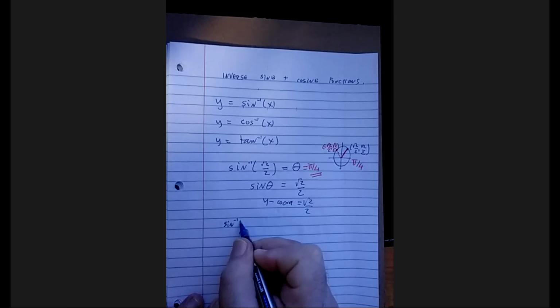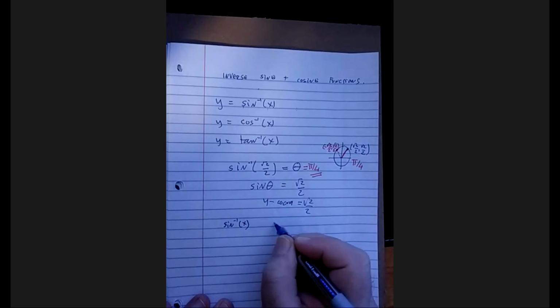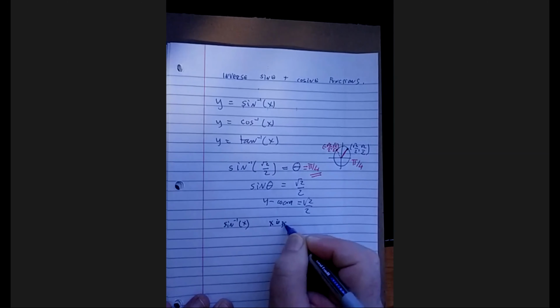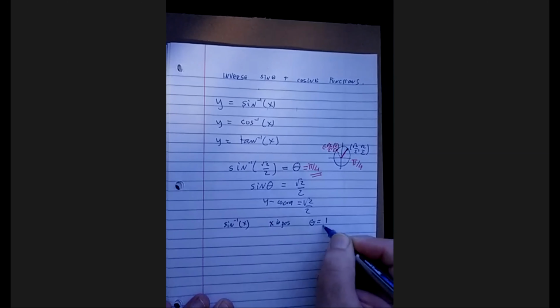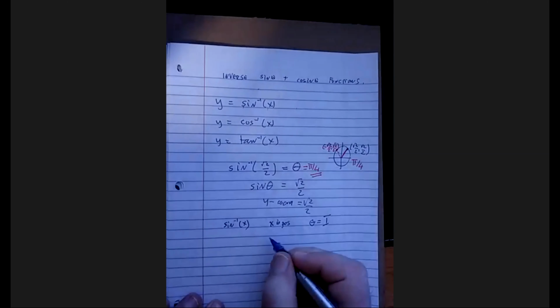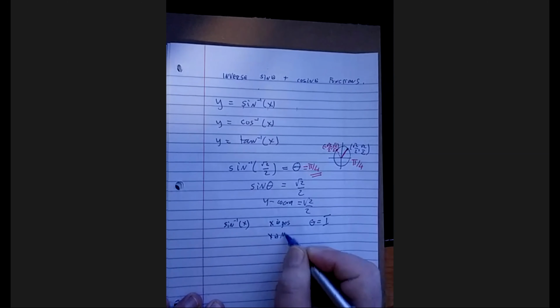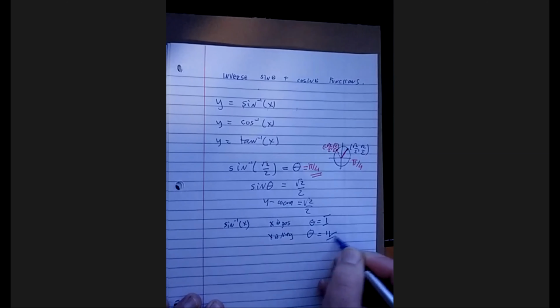For the inverse sine of x, for instance, if x is positive, then you'll get your angle in the first quadrant. That's where it's going to live. If x is negative, then the angle you're going to get is in the fourth quadrant. I know there's another one, but the one you always get is the fourth quadrant.